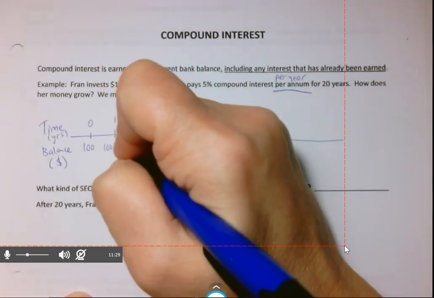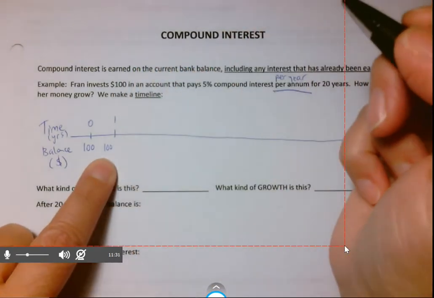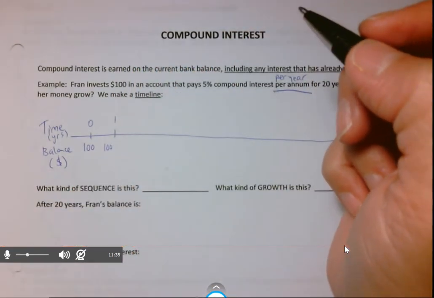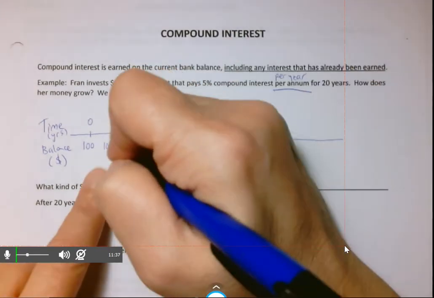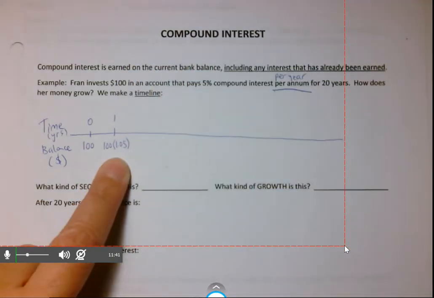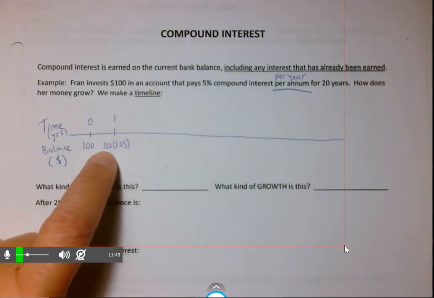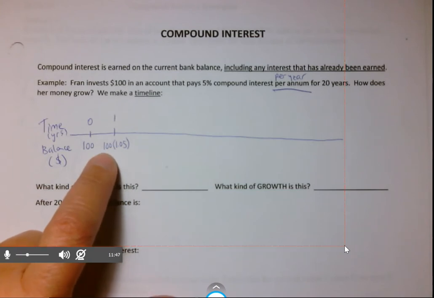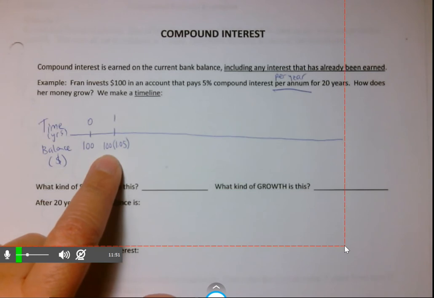So she's got her $100, and it's $100 plus 5% of $100. In other words, it's $100 times 1.05. The 1 refers to the original 100, and the 0.05 refers to 5% of that 100. This is how we're showing that her money is growing every year.